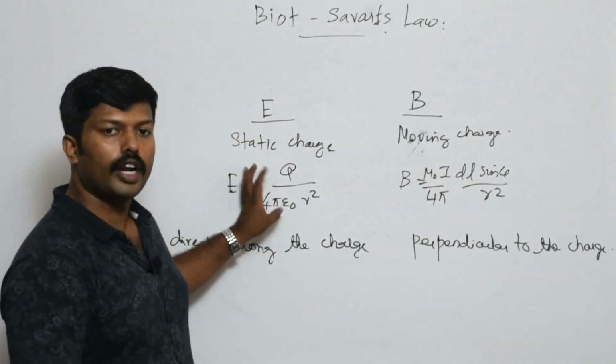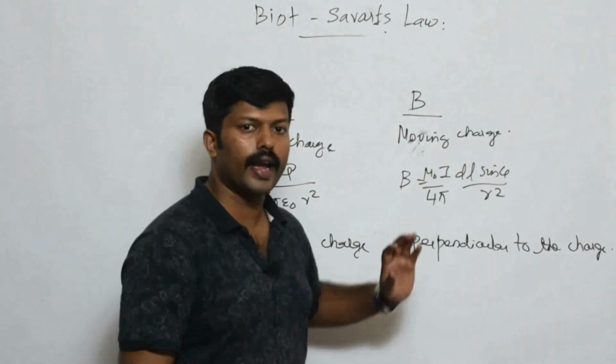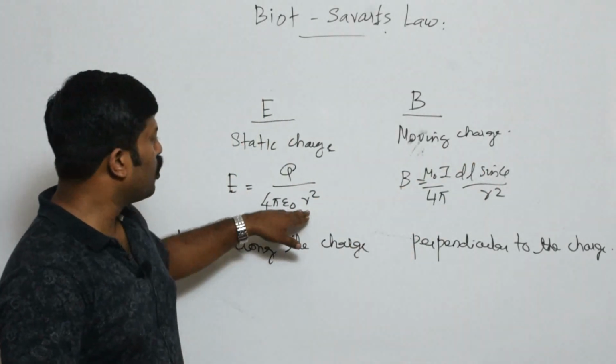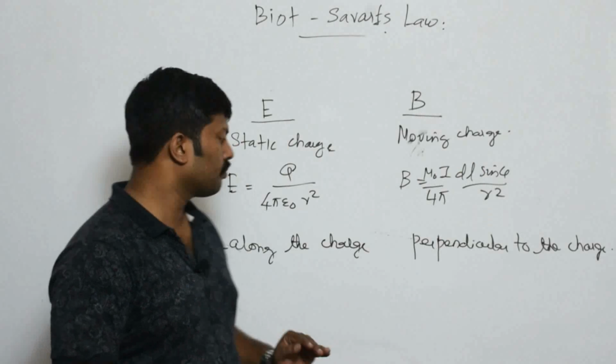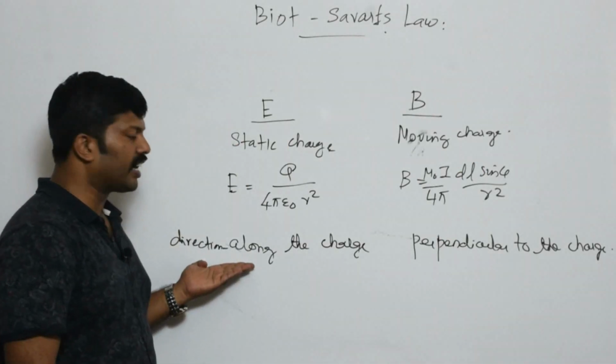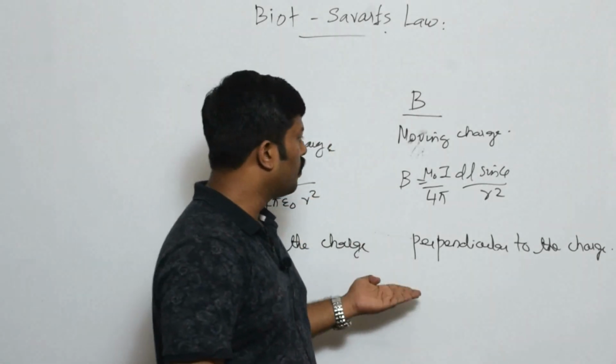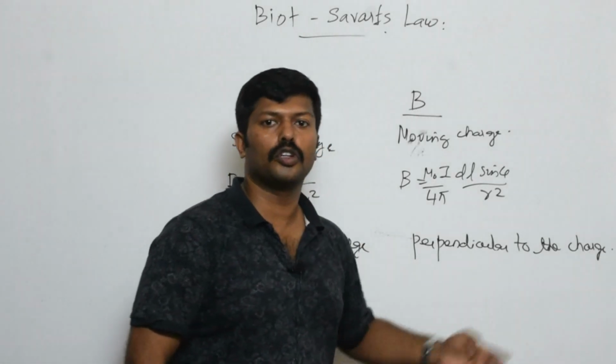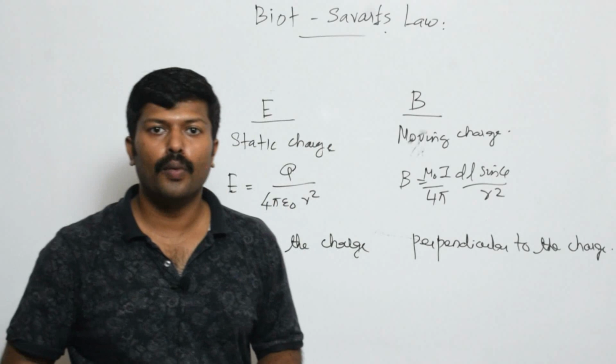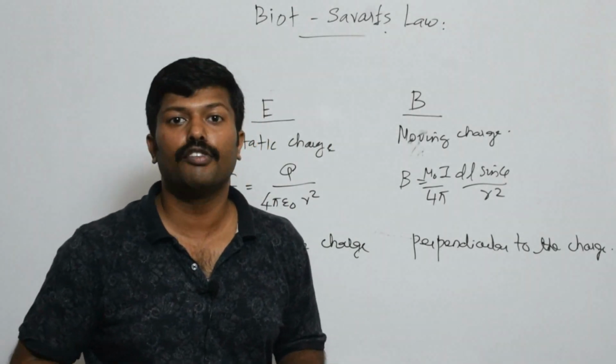So the electric field does not depend on angle, but the magnetic field depends on angle. Both are inversely proportional to R squared. The direction of the electric field is along the charge, and the direction of the magnetic field is perpendicular to the charge. I hope that Biot-Savart's law is very clear for you.